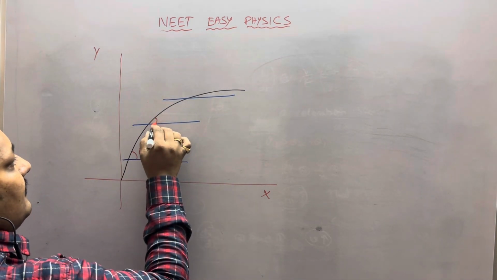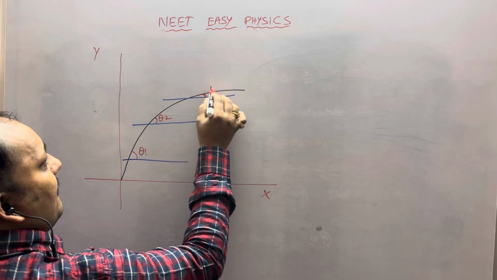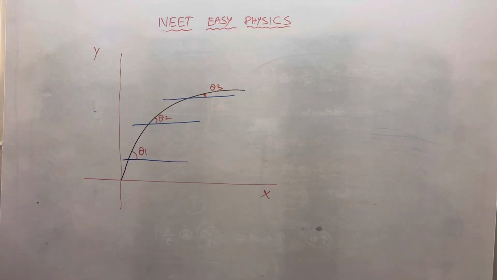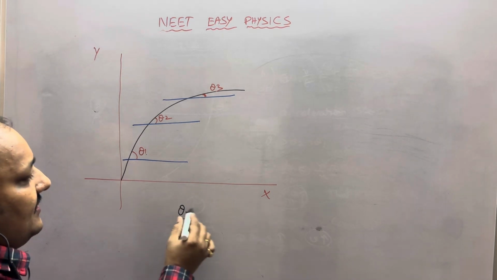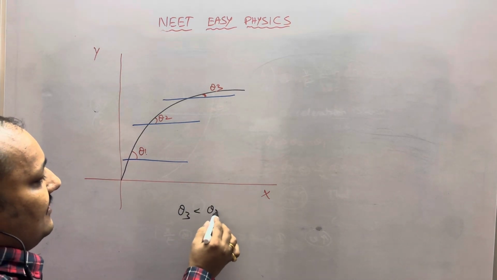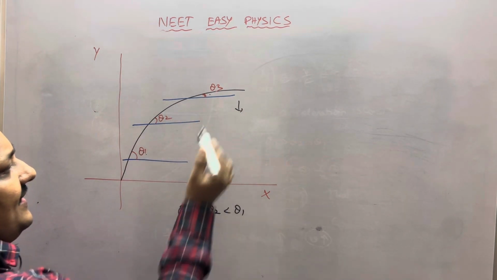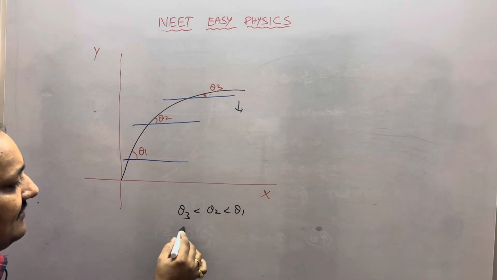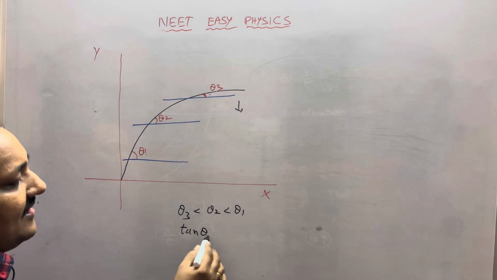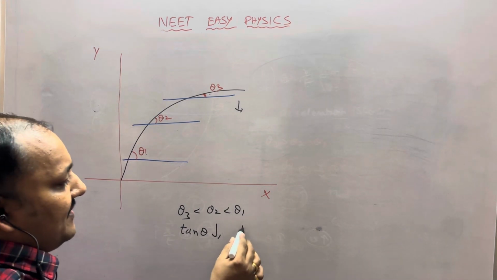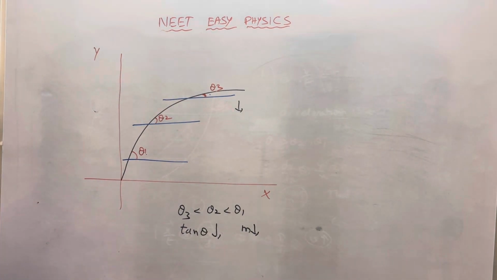Theta 1, theta 2, theta 3. If you observe, are the angles going to increase or decrease? Theta 3 is less than theta 2 is less than theta 1. Angles are going to be decreasing. Whenever the angle is decreasing, tan theta is going to be decreasing. Tan theta decreasing means slope is decreasing.